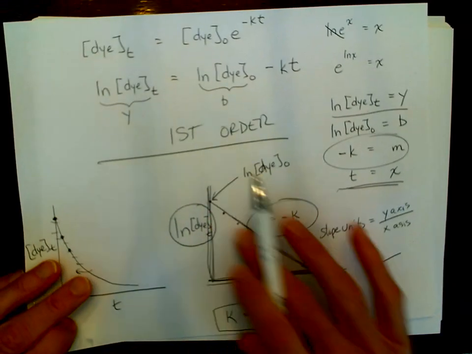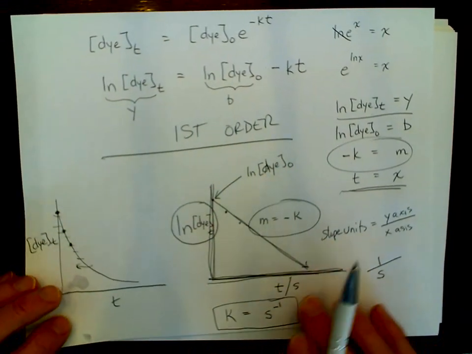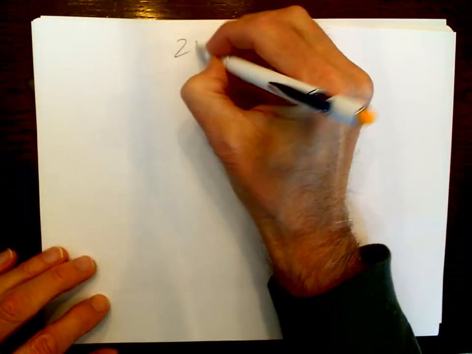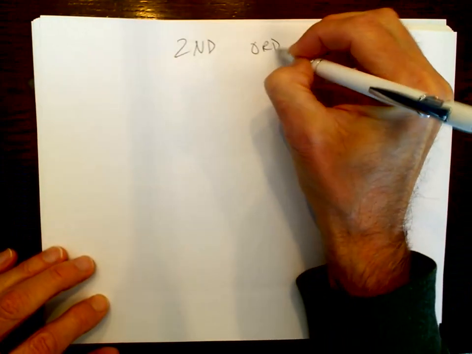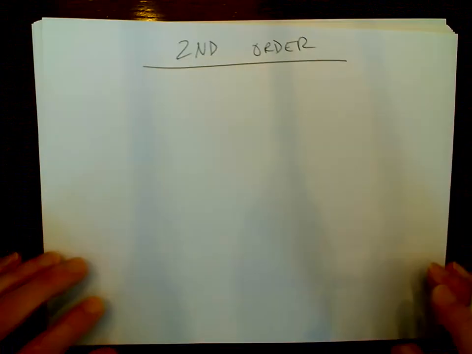Well, what about the case where it is second order? It could be that this curvy line doesn't give us a straight line here, and in that case, we have to test for second order. So let's go to the second order case. Here we go. Second order, mathematical analysis, graphical linear analysis.